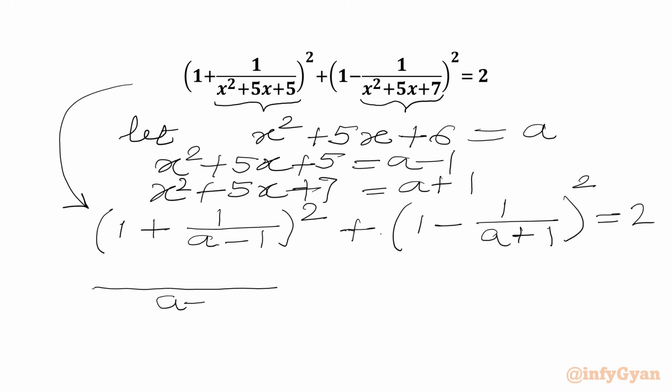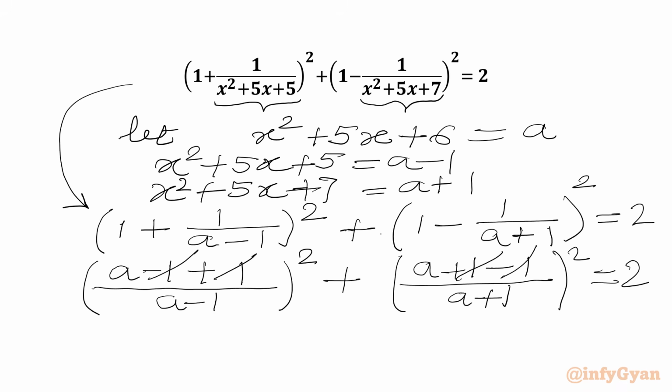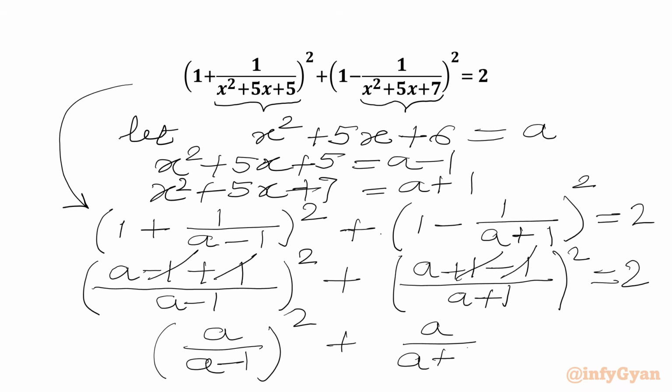In denominator we'll write a minus 1, in numerator there will be a minus 1 plus 1 whole square, plus denominator is a plus 1, numerator will be a plus 1 minus 1 whole square, equal to 2. Now minus 1 plus 1 will be 0, plus 1 minus 1 will be 0. We will write a over a minus 1 whole square plus a over a plus 1 whole square equal to 2.